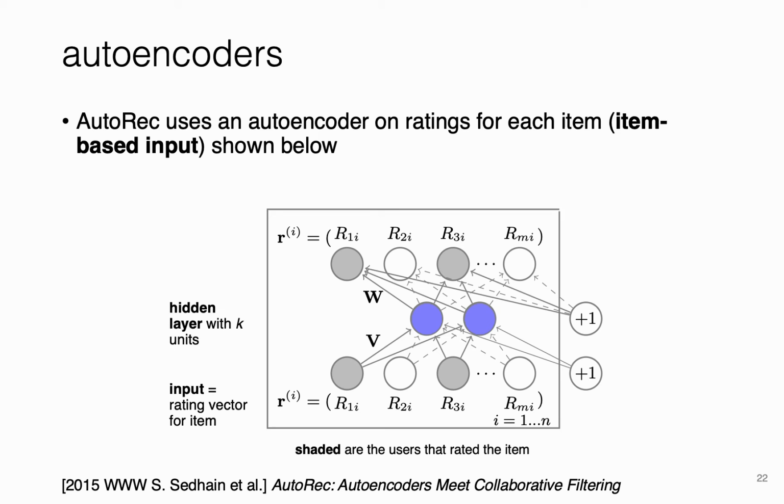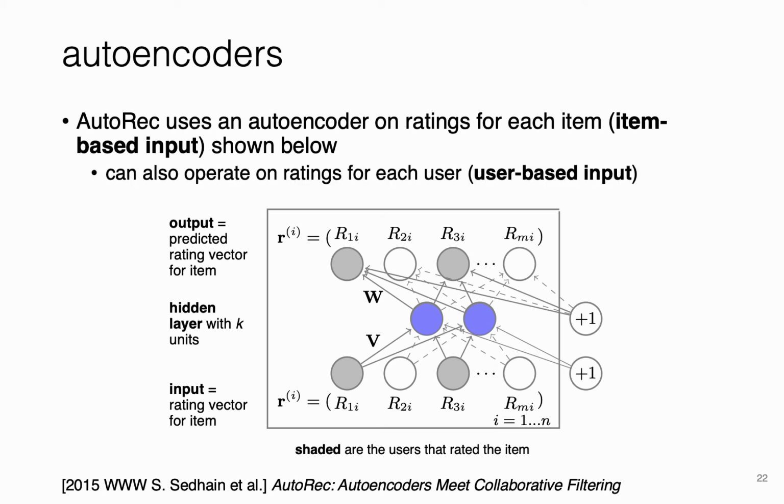The output layer has again m units, 1 per user. Again shaded are the units that correspond to ratings. The training objective is to make the output similar to the input, but with a twist. We do not care about the non-shaded output. Why? Simply because we don't know these ratings.